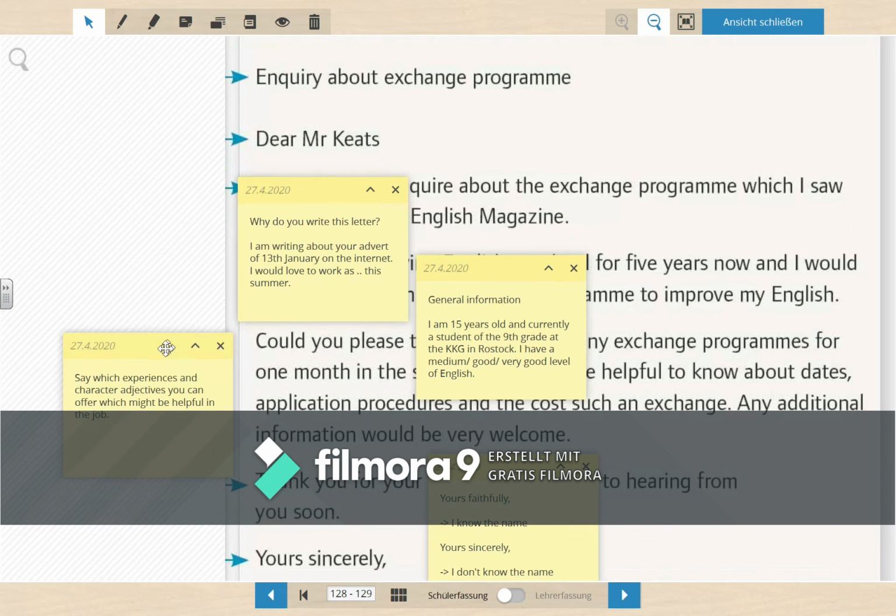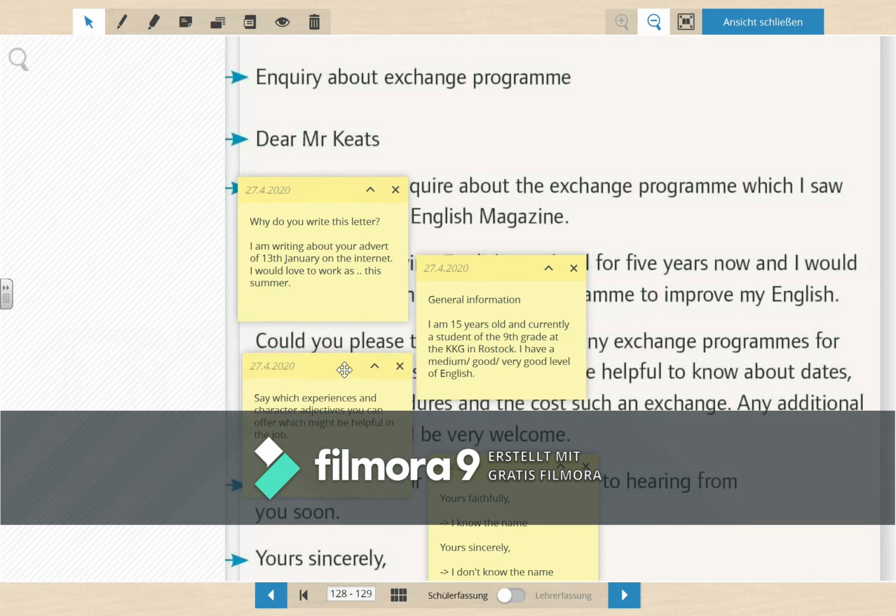In the third part, you have to convince the person of yourself, of course. Say which experiences and character adjectives you can offer, which might be helpful in the job. So maybe you have already any work experiences, maybe you've got some experiences from your personal life, and also give lots of sophisticated character adjectives.